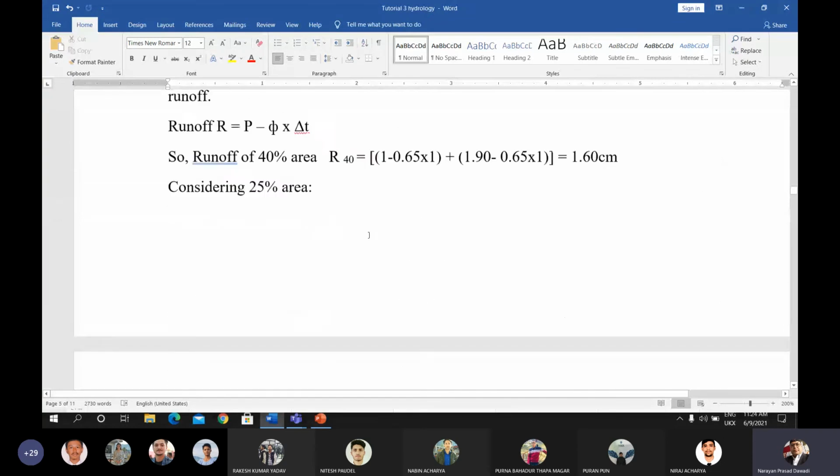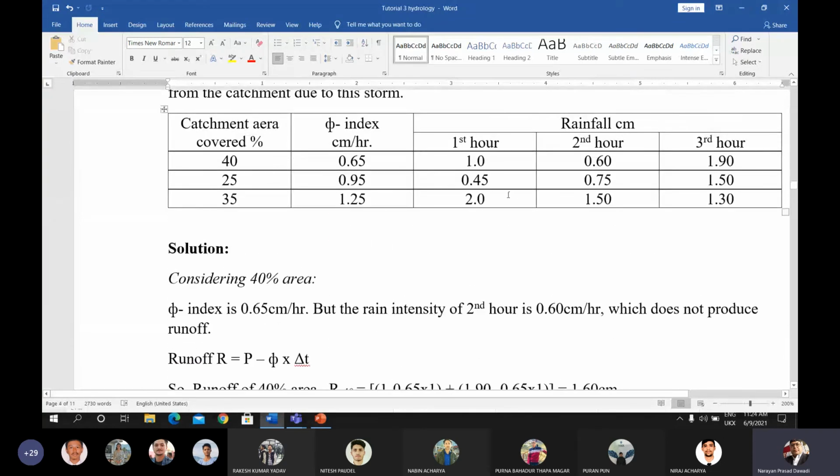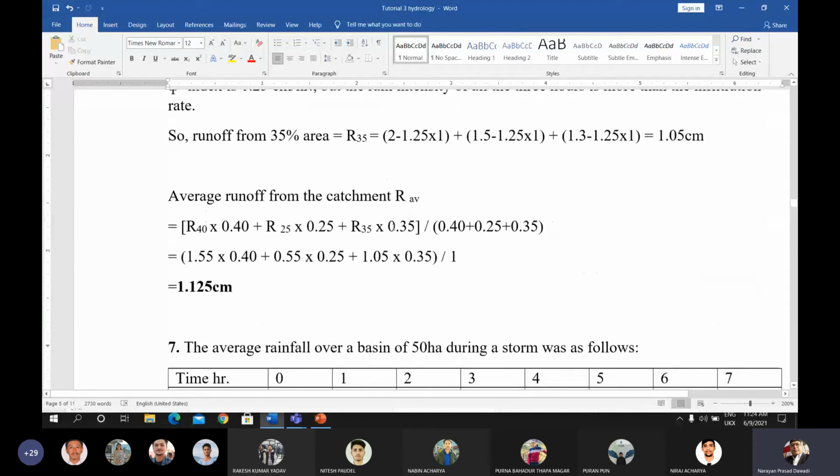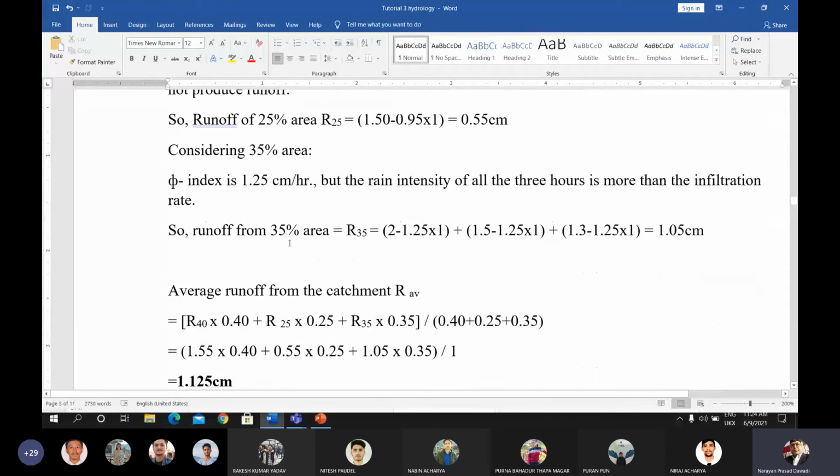Now considering the 35% area, all the 3 hours of rainfall will produce runoff because they are all greater than 1.25. For the 35% area, the total runoff would be 2 minus 1.25 into 1, plus 1.5 minus 1.25 into 1, plus 1.3 minus 1.25 into 1, which gives the value of 1.05 centimeter.